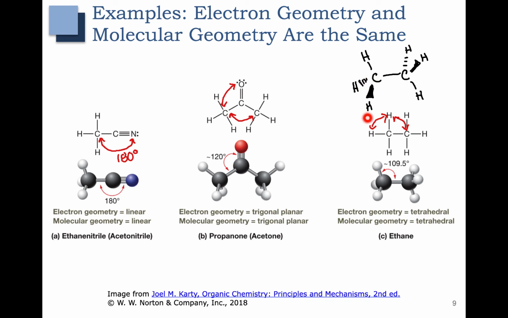So the hydrogen here is sticking out, and this hydrogen back here is sticking back. So it's not 90 degrees like it looks like in that picture, but in fact about 109.5. And the angle is approximately the same over here between the hydrogen, carbon, and hydrogen. The electron geometry and the molecular geometry are the same, or tetrahedral.